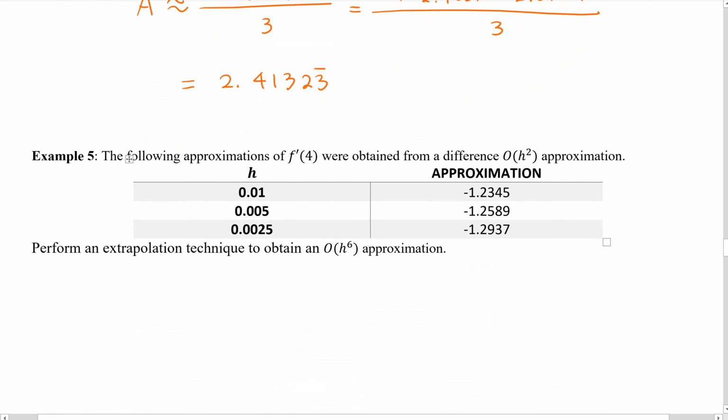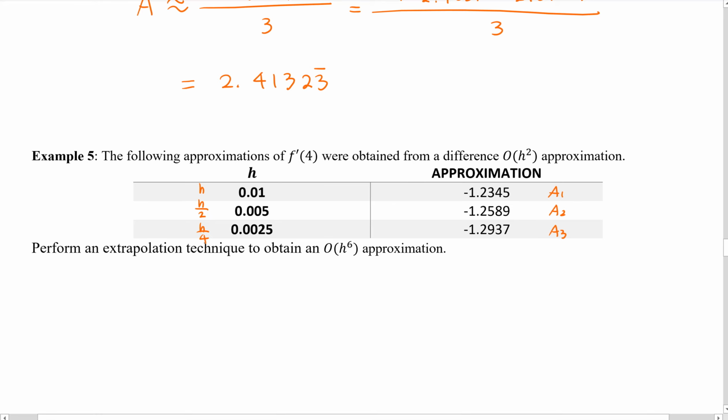Okay, so example 5. The following approximations of f prime of 4 were obtained from a different second order approximation. Here you can consider this is h over 2, this is h over 4, right? If h is 0.01, then h over 2 is 0.005, then h over 4 is 0.0025. And then the approximations correspond to A1, A2, and A3.